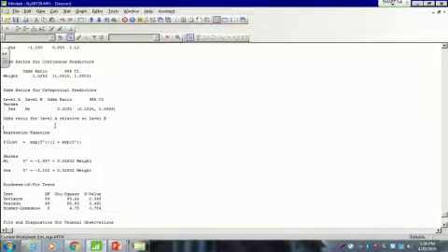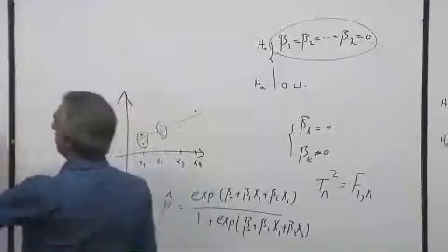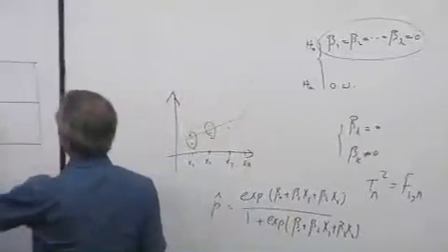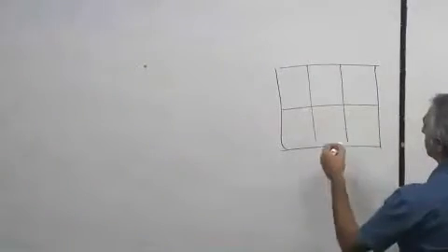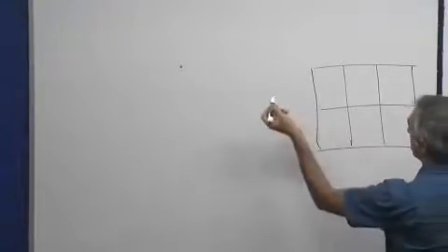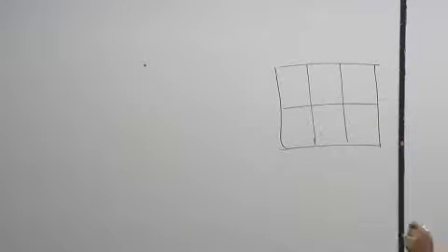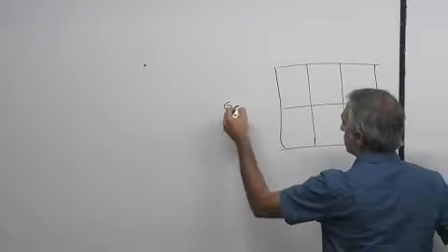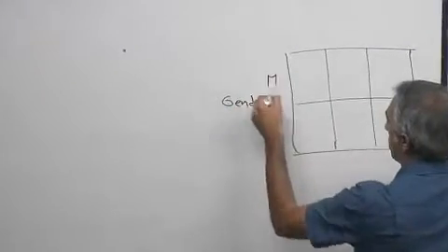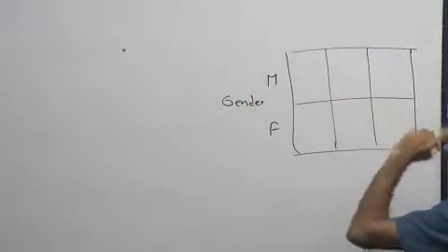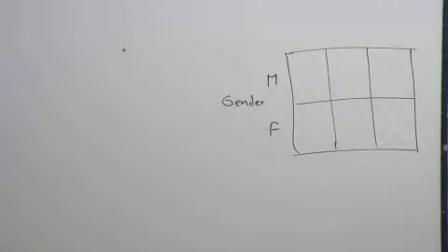Any questions? Okay. So one last thing is, what if you have two categorical variables? So let's say, one example is gender, which is male, female, and you want to see if gender is related to political choice.